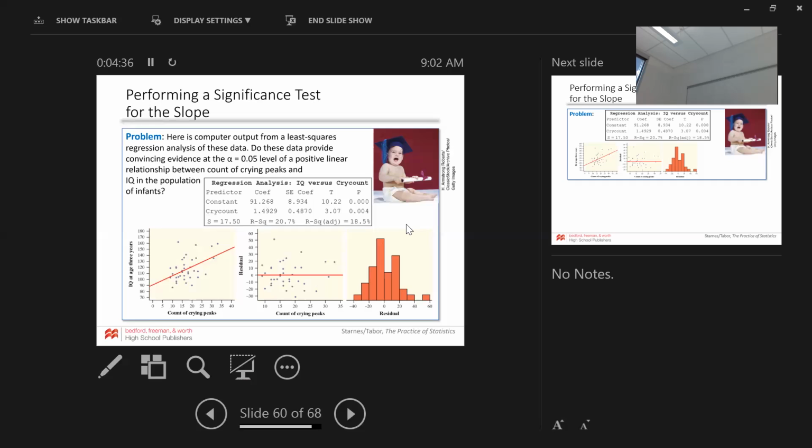The proportion of change in the output that is attributed to change in the input. So in this case, 20.7% of the change in IQ can be attributed to the change in the crying. Is that a lot? No. The residuals. There's the distribution of residuals in the third picture.